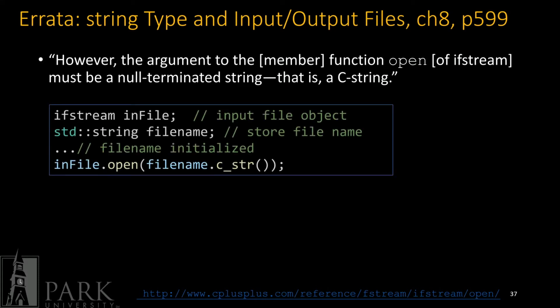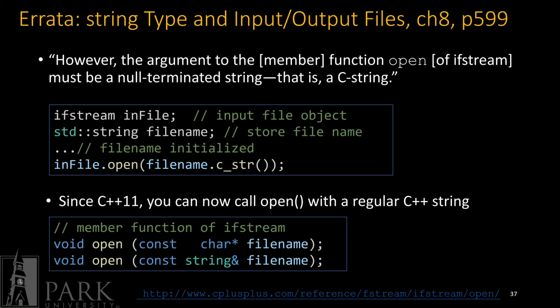Okay, and this indeed was the case before C++11. However, since then, if you look at the corresponding function prototype for the open function, you'll see that a string version of the file open has been added to the ifstream class. Therefore, you can now directly call open using a string object for the file name, right?